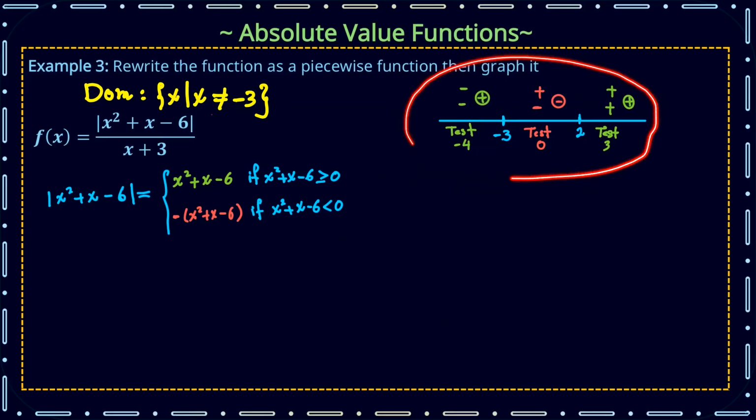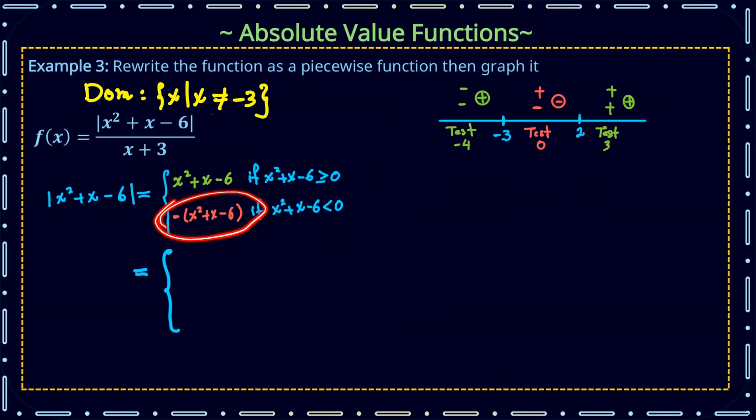Here is the result of our sign analysis from the previous page. It's going to help us rewrite our absolute value part. Two things will happen. We're going to get x squared plus x minus 6, or we're going to get the negative of it. I'm going to write this down in factored form. X squared plus x minus 6 is x plus 3 times x minus 2.